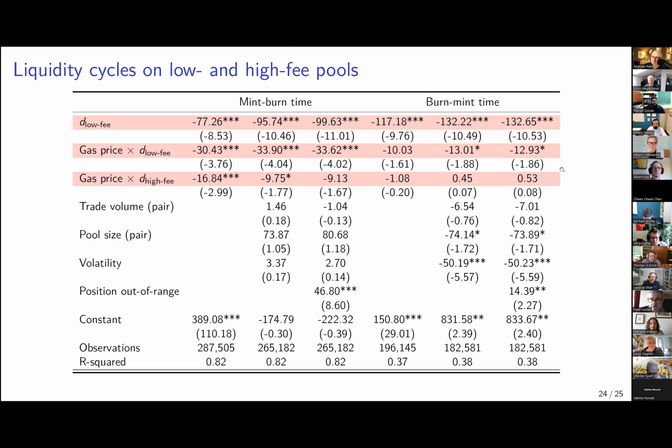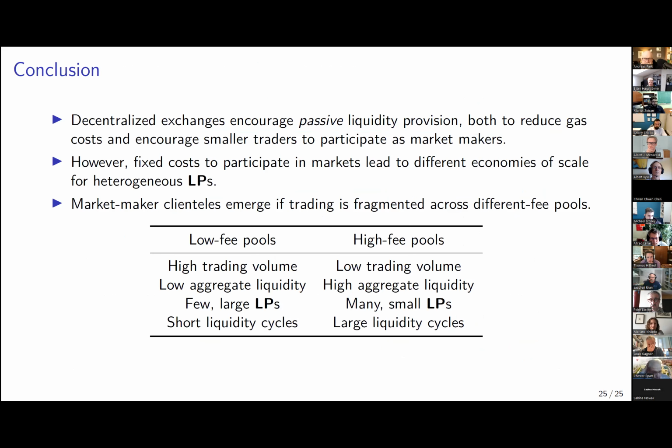That doesn't seem to be affected very much by the gas prices. So it's not that people just act differently in high gas environments. It's mostly the fact that the liquidity pool is smaller, so it depletes faster. So that goes in the direction of what we had in mind. So I think I'm pretty much right on time.